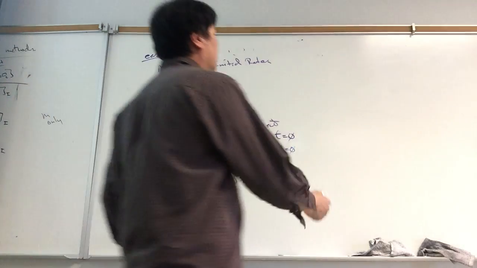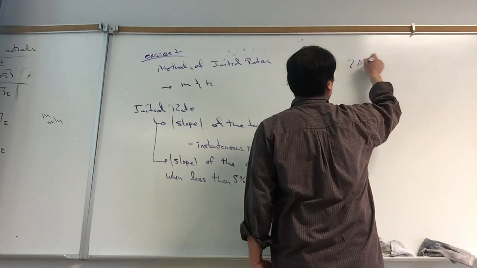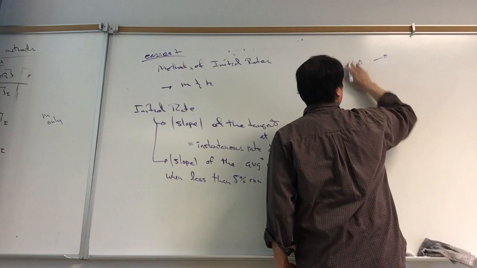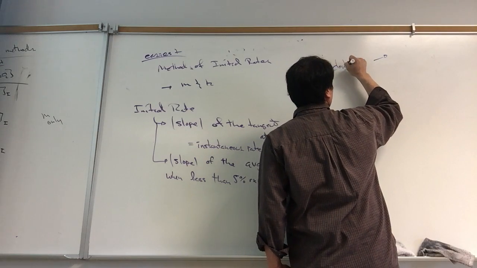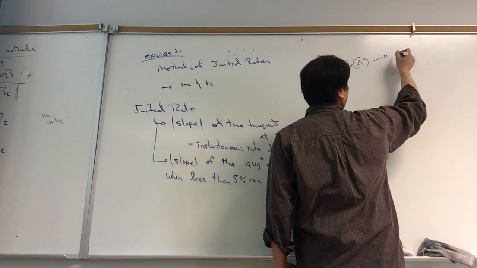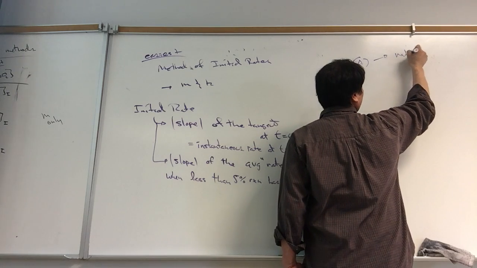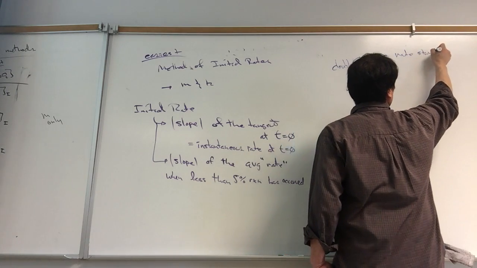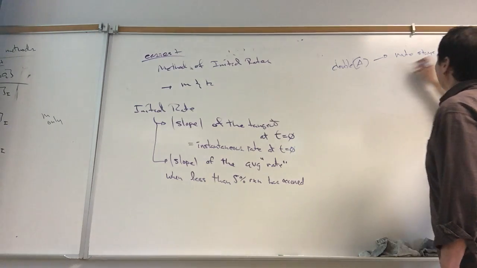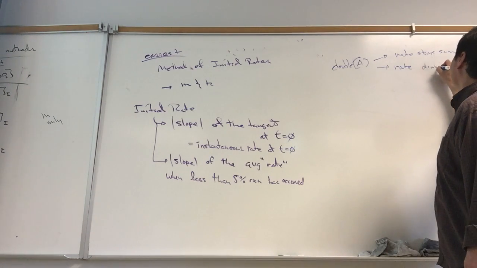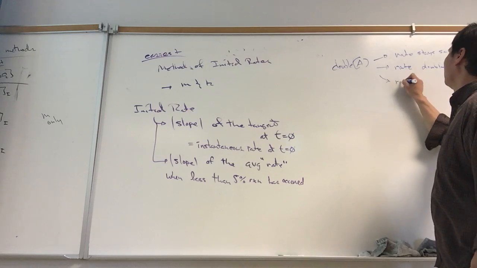So if I double the concentration, you have 3 choices. If I double the concentration of A, then the three choices are the rate stays the same, the rate doubles, or the rate quadruples.